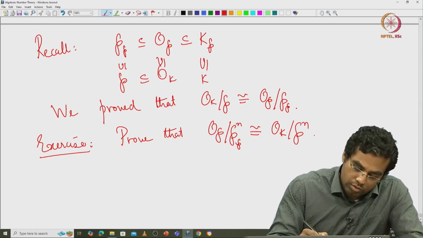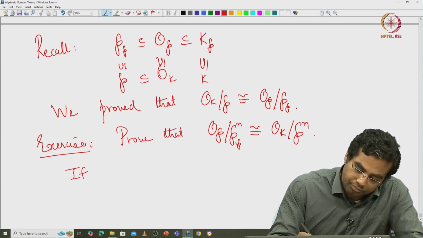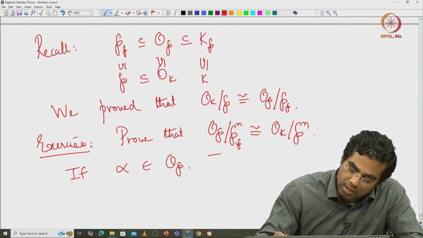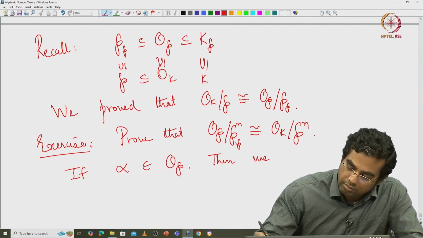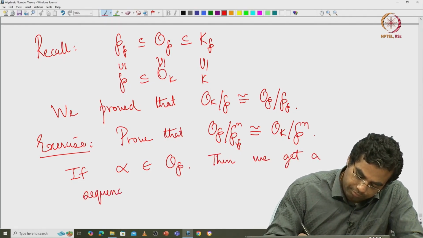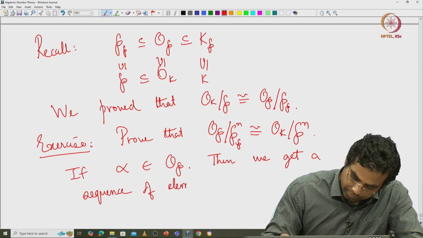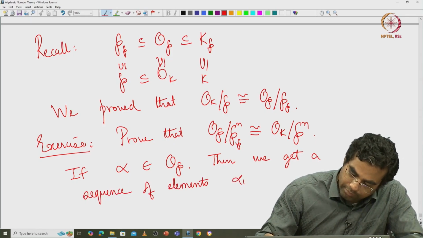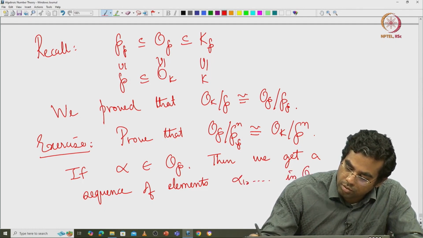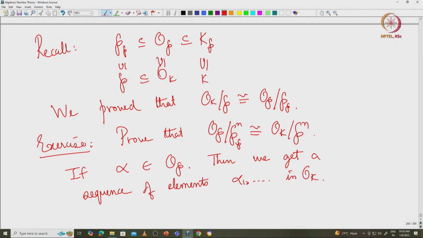Okay, so if alpha is an element of O sub P, then we get a sequence of elements alpha 1 and so on in K, in OK, satisfying the following.